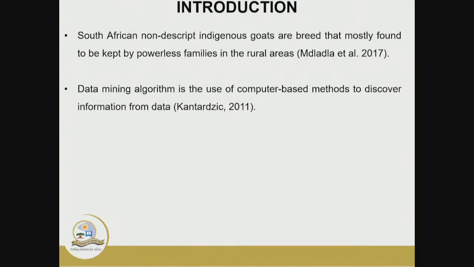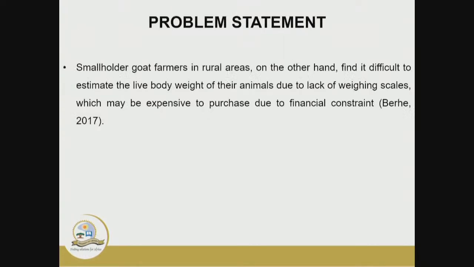A data mining algorithm is the use of computer-based methods to discover information. It is used by researchers in science, health, and bioinformatics to find associations and patterns from raw data. In animal breeding, we use it to identify traits that can accurately estimate the body weight of an animal.